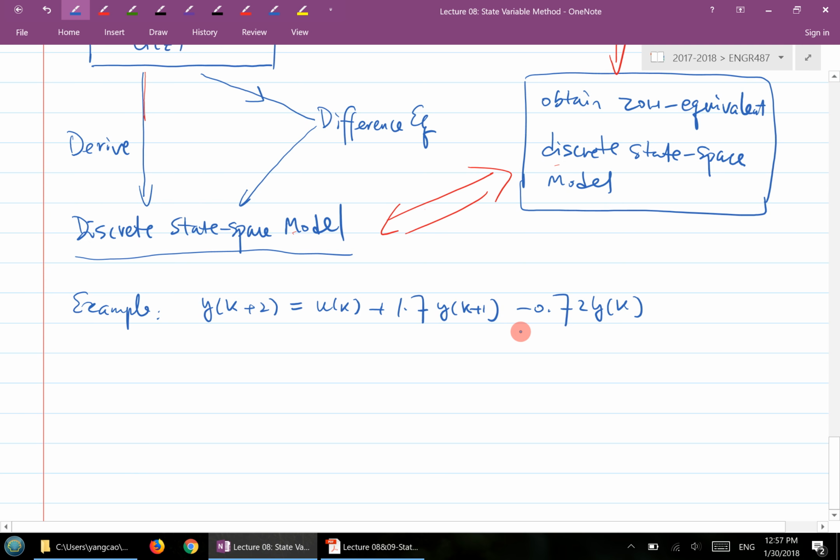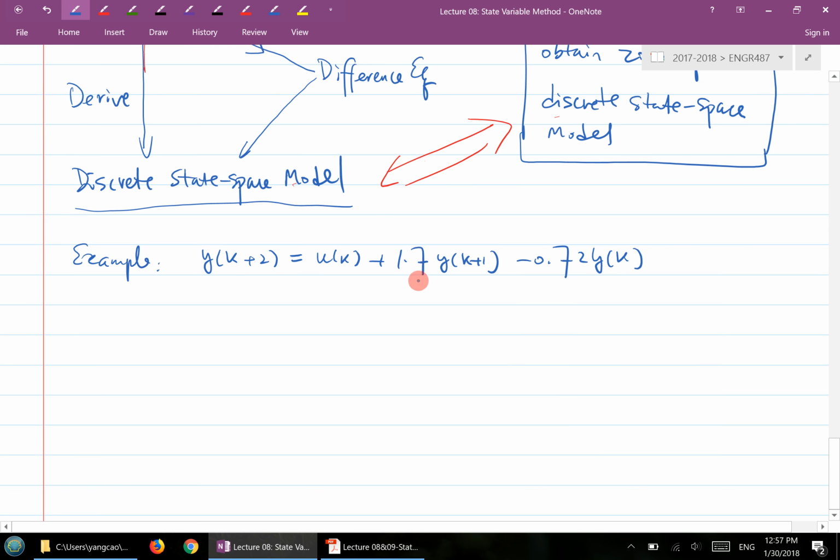So here's a difference equation. It's like you're given a differential equation, right? And how do we get a discrete state space model? Your first step is to choose the state variables.